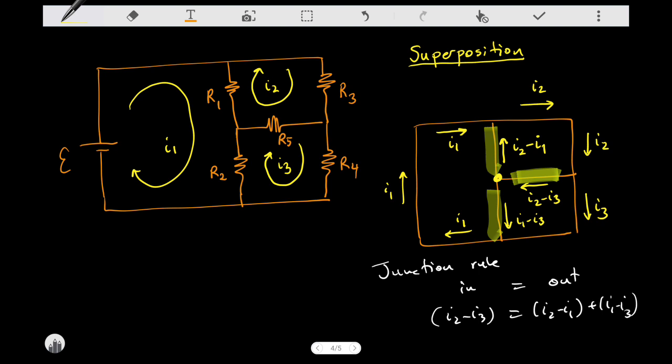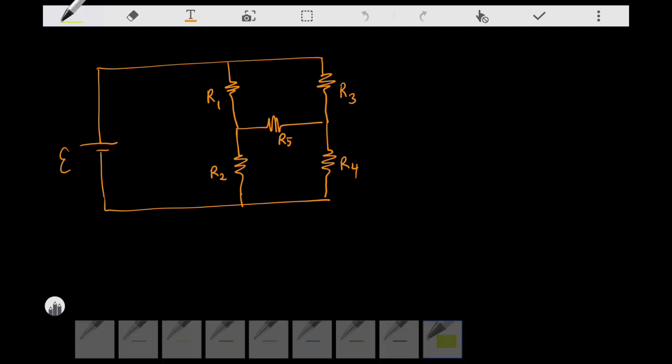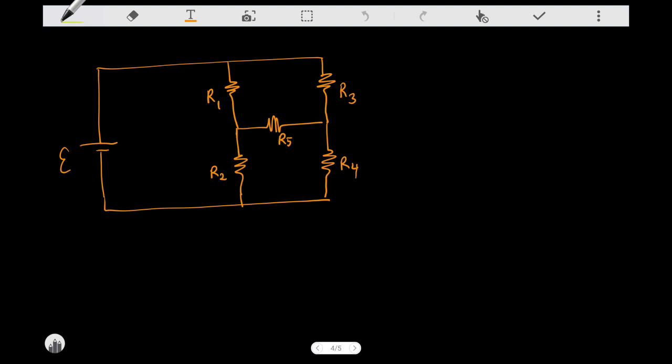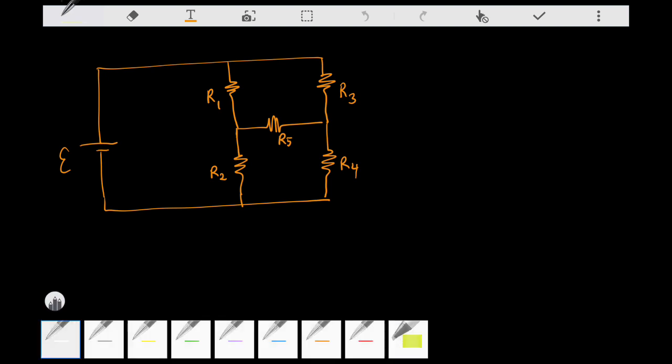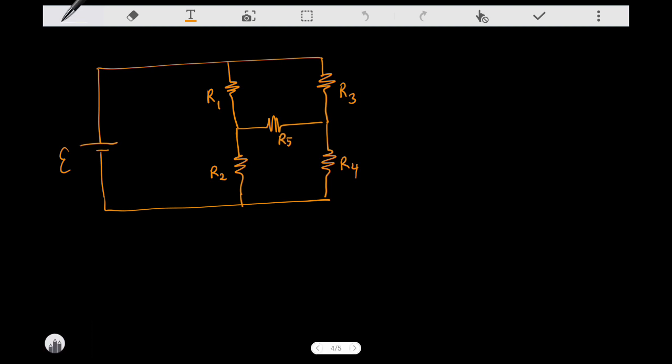Another possibility is to have the loop rule satisfied. So as a result, instead of choosing the currents as the variables, we can choose the potentials as the variables. So let me use a white color for that purpose.